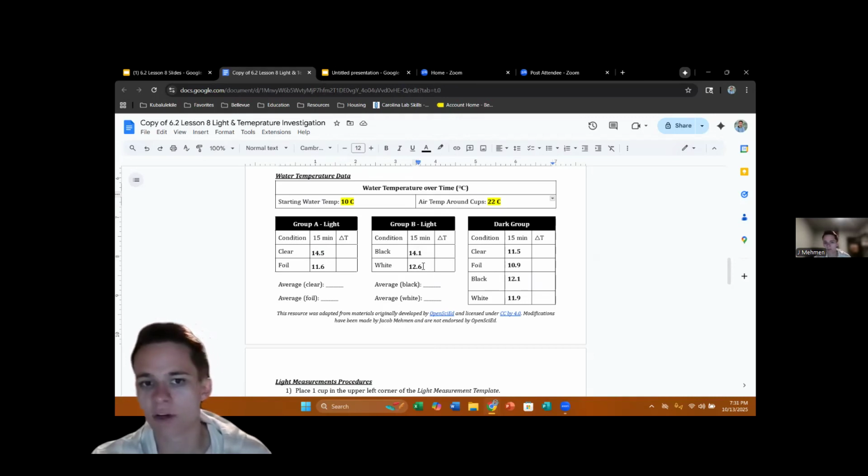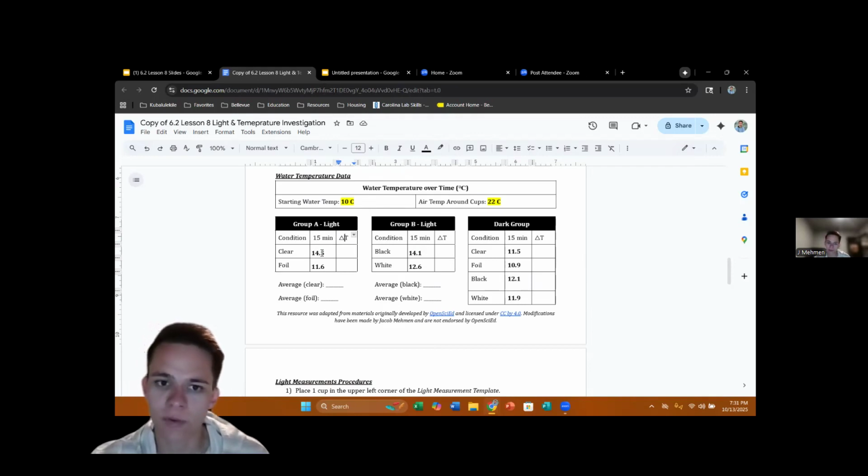Now, because they all started at the exact same water temp, we can use these numbers to analyze them, but typically the water temp isn't always going to be the same. So it's helpful for us to calculate the delta T. Delta, this triangle symbol, is just a fancy science term or math term for change. So we're measuring the change in the temperature. So we take the final minus the initial.